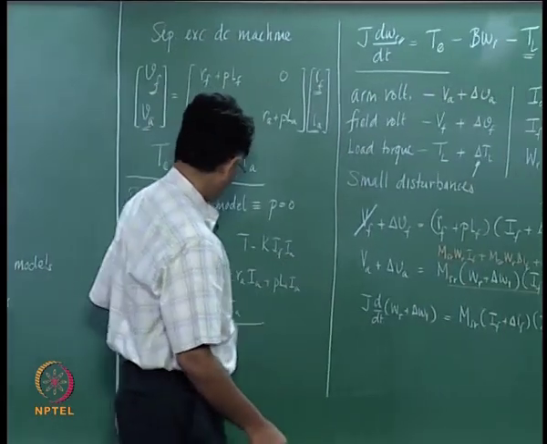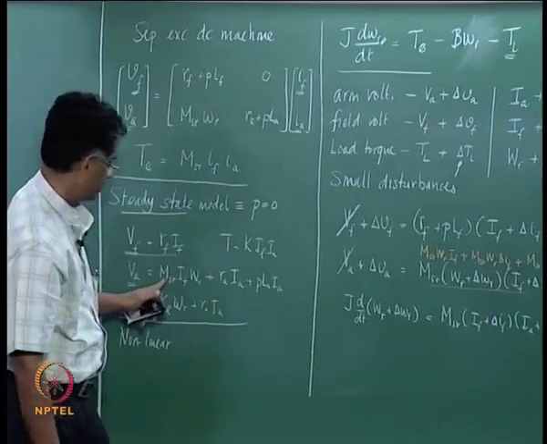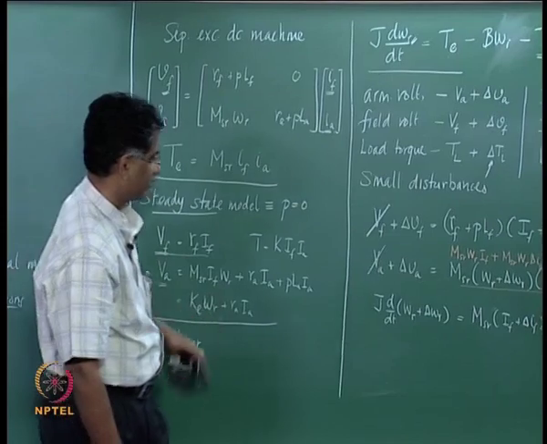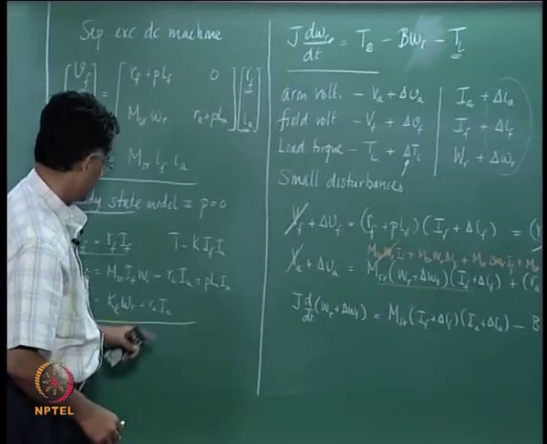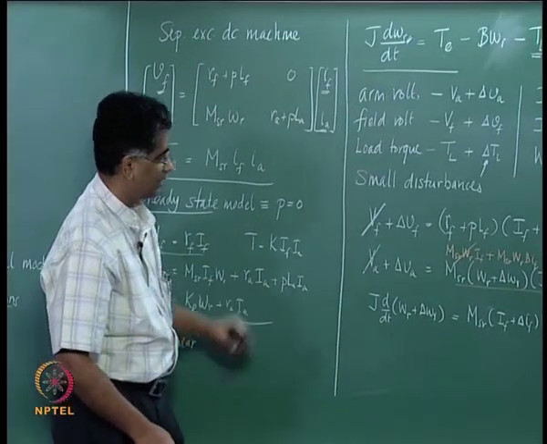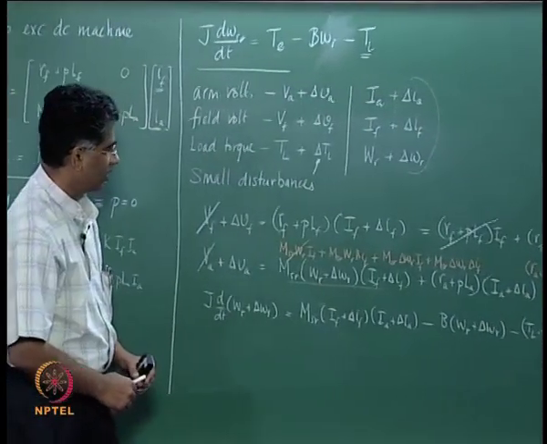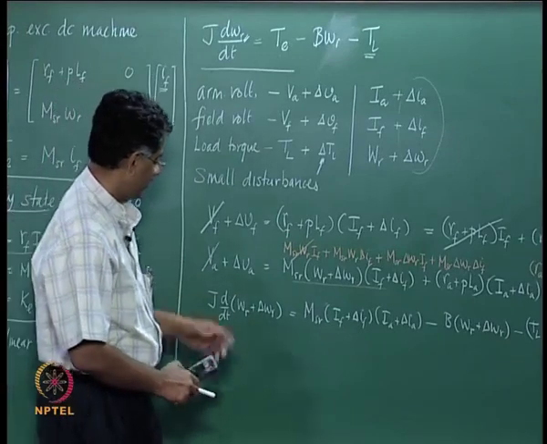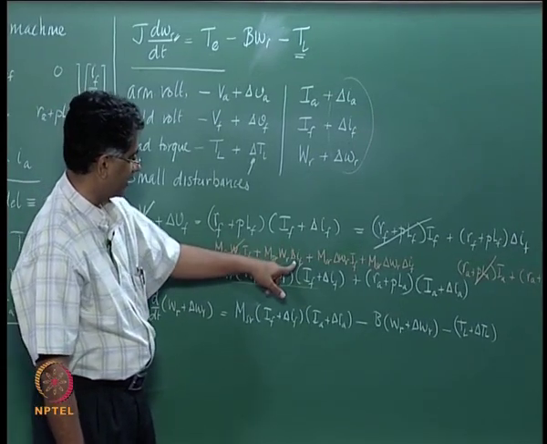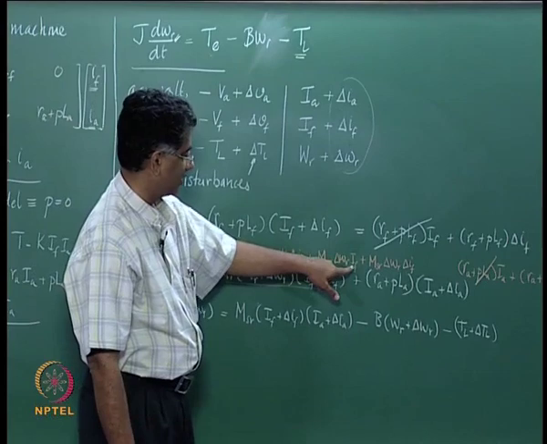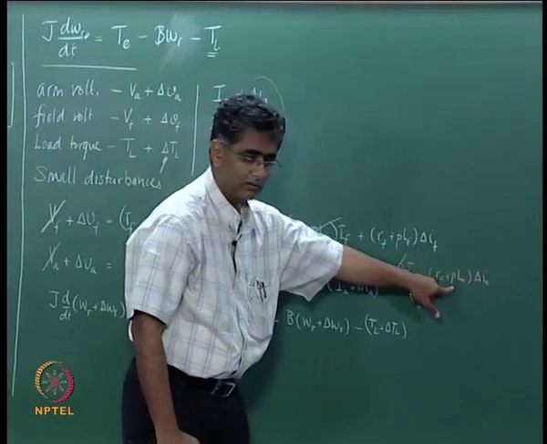If you now eliminate this part from this equation, you see that VA is equal to MSR into omega r into IF. So, the first term goes away, and then it is RA plus P times LA into IA, and therefore this term also goes away. The remaining terms: delta VA has to be equal to MSR into omega r into delta IF, MSR delta omega r into IF plus MSR delta omega r delta IF, and then this term.